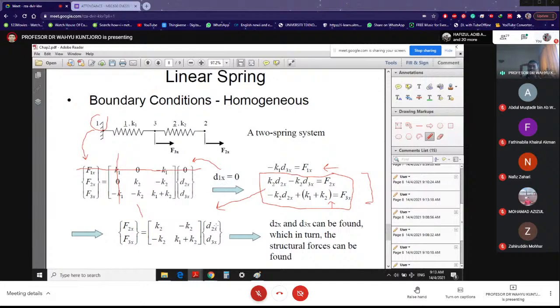So after I cut out row 1 and column 1, you see here that we have this equation, F2x and F3x, and they are the same as this equation.